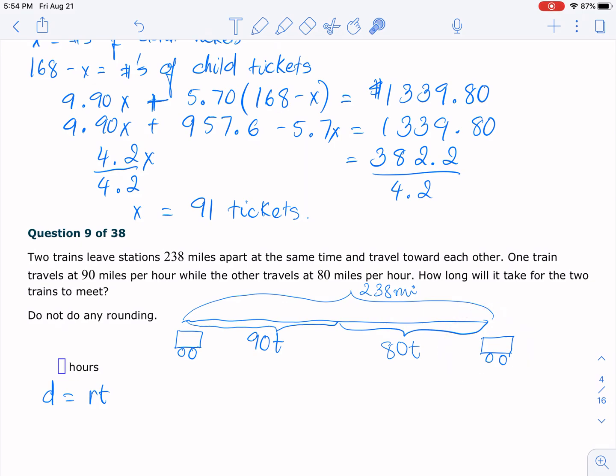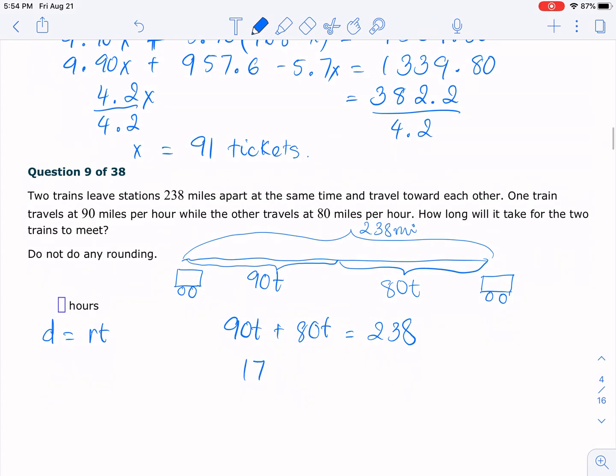And then if you can see, when you add the two distances together, we should get 238 because that's the total distance. And then from here, we just solve for t. T is 1.4 hours.